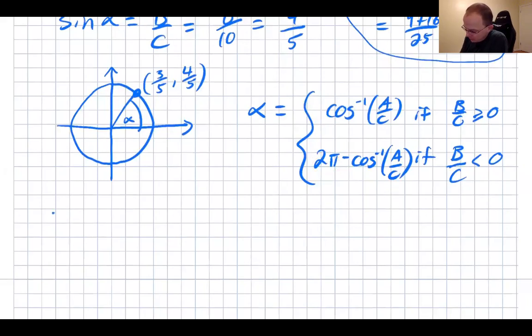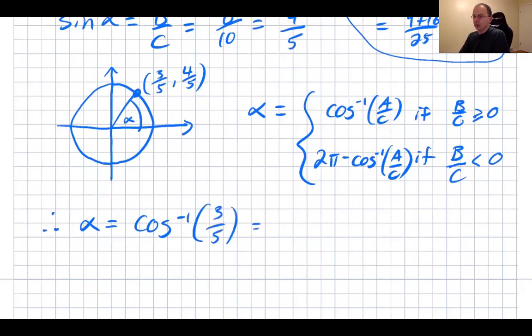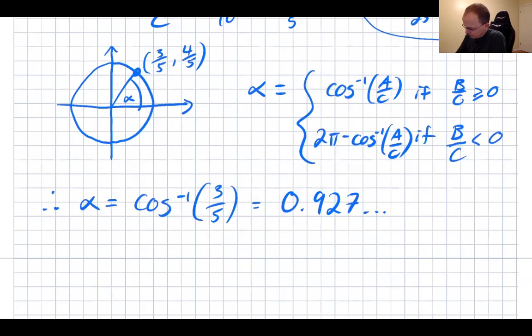So therefore, alpha will be cosine inverse of 3 over 5. And let's calculate that. 3 divided by 5. And that's like 0.927 and so on. Radians. That's the radians.